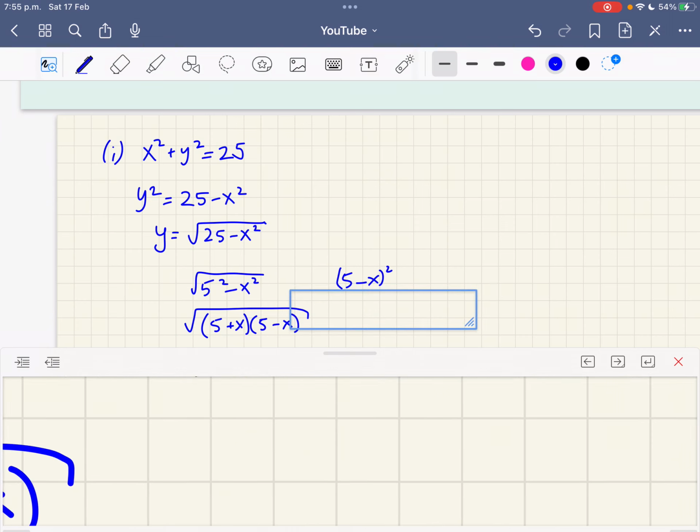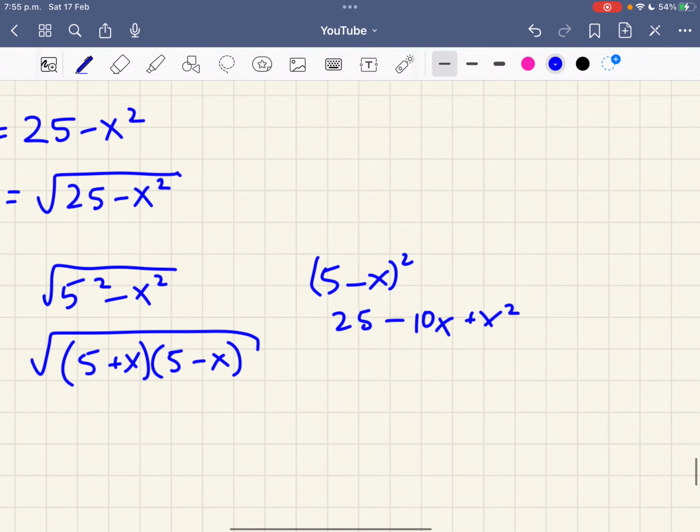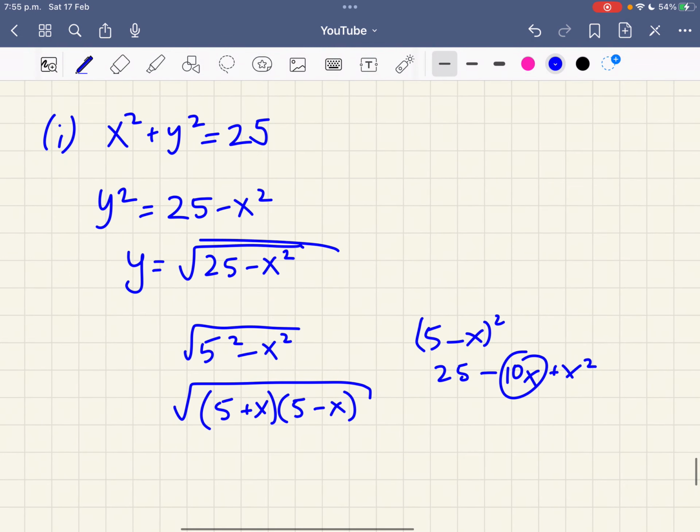If you multiplied that out, you get 25 minus 10x plus x squared, and we don't have a 10x up here, so we can't do that.